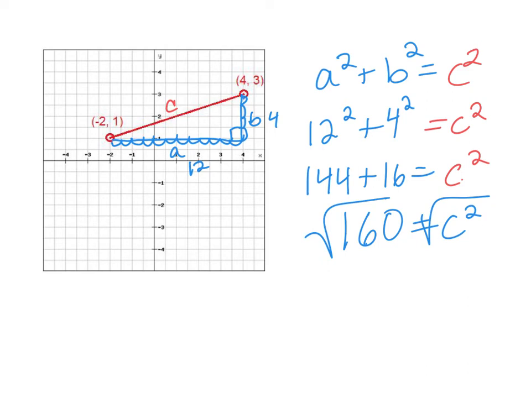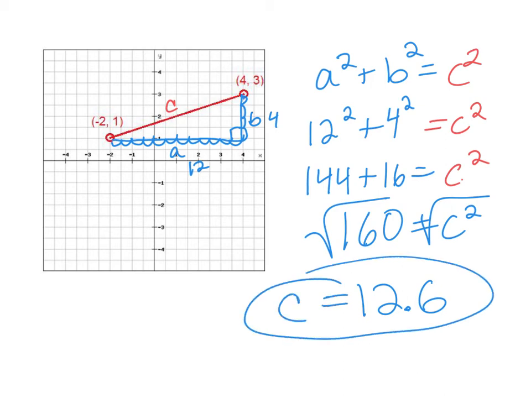I'm left with the square root of 160, which is 12.6, roughly. So the red line up there has the length of 12.6 units.